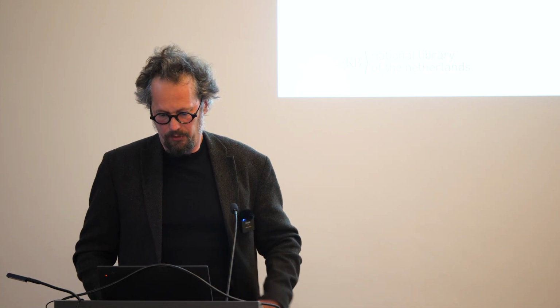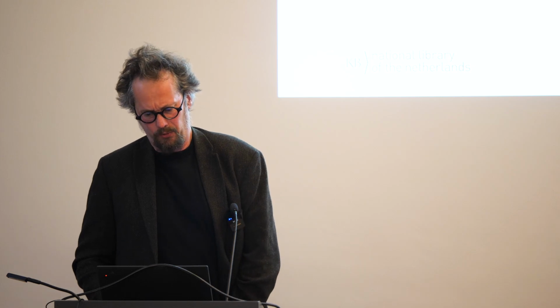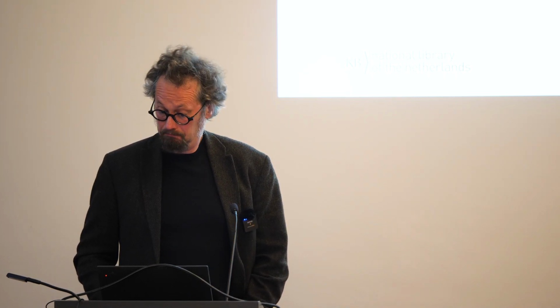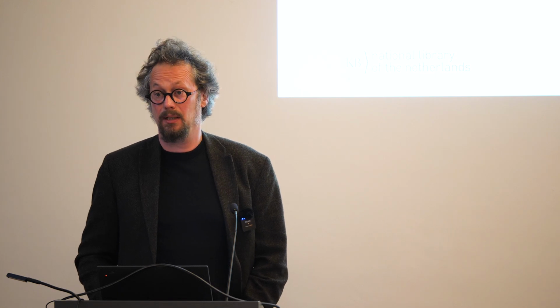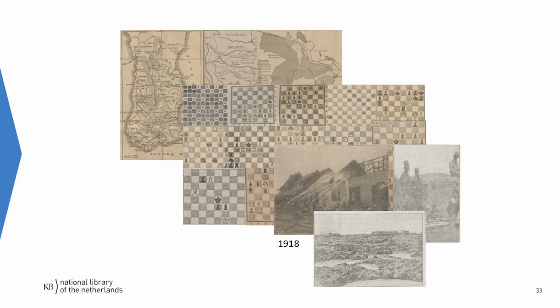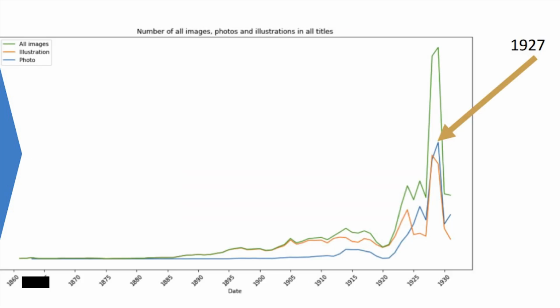Anyway, we took our first test with neural networks, all new to us at that time, and quite easily the software found the maps and the chessboards and buildings being destroyed and more and more and more. So Thomas had his answer, 1927.